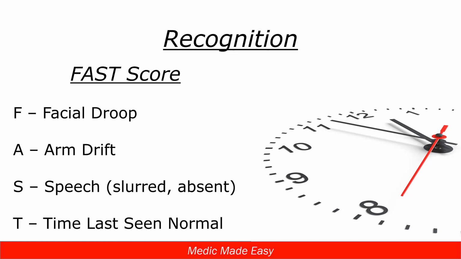If their eyes are open, sometimes if the person sees one of the arms drop, they try by willpower and conscious muscle control to correct it. So it's better to have their eyes closed, and they won't even realize it to the extent as if they were seeing their hand drop down. So eyes closed, arms up, palms up, and we're looking for one of those arms to drift down.